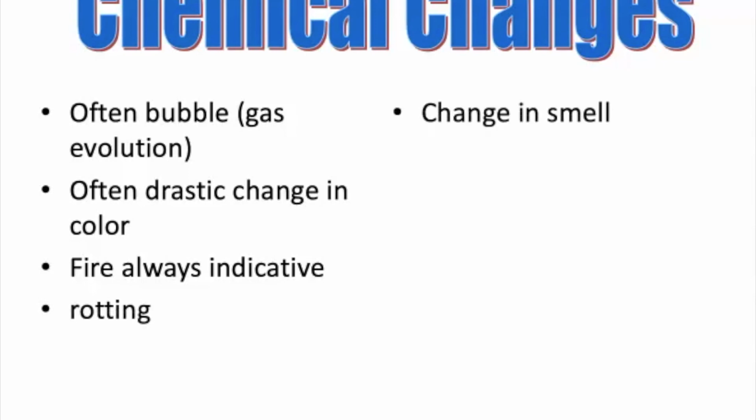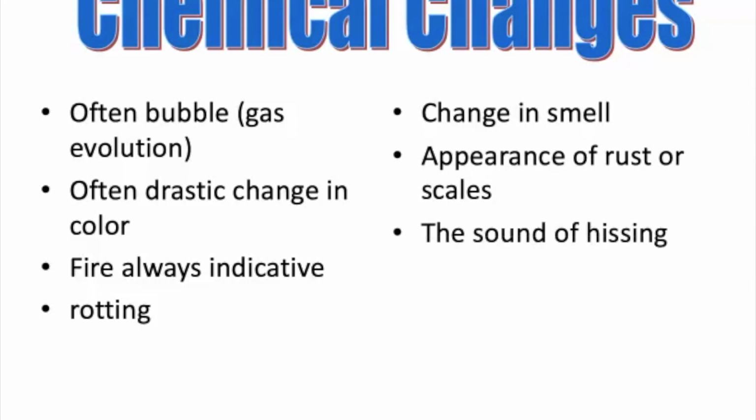Rotting, change in smell. Oh boy, this is one way to end a presentation. Rusting or scaling, and the sound of hissing. Basically, if you imagine yourself in lab, and you see or hear anything that makes you go, ah, that's probably a chemical change.